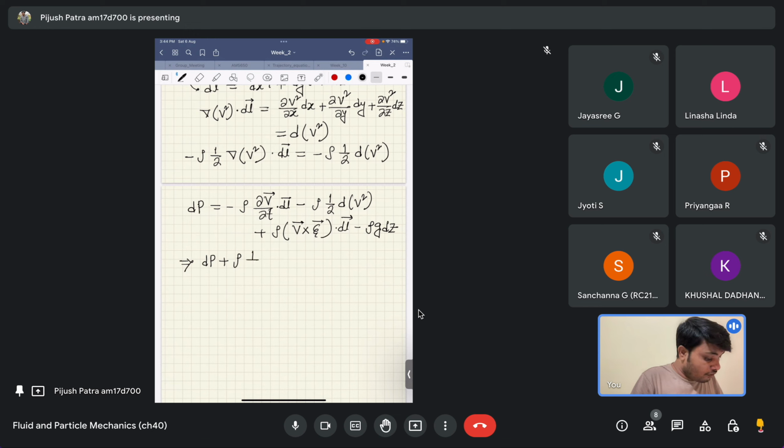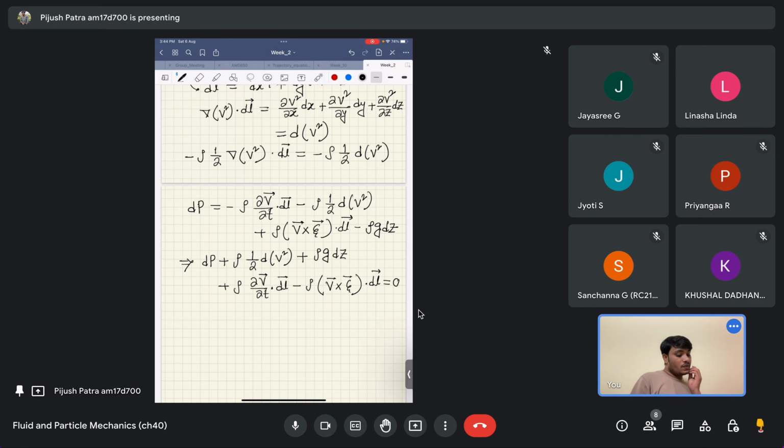So it is dp plus rho half of d of v square plus rho g into dz, plus rho dou v dou t dot dl, minus rho v cross zeta dot dl is equal to 0.